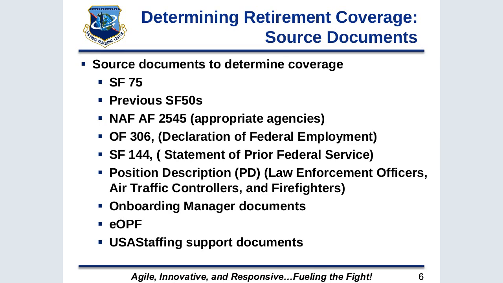The PD is helpful to determine special retirement for air traffic controllers, law enforcement officers, and firefighters. Just know that air traffic controllers, law enforcement, and firefighters have an age limitation. Also, firefighters and law enforcement have a transfer requirement from primary to secondary positions.